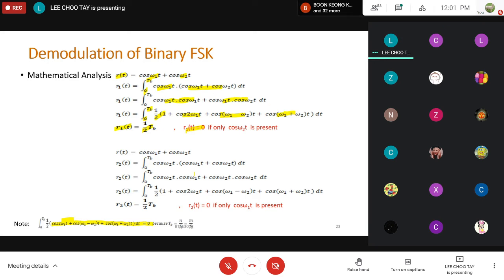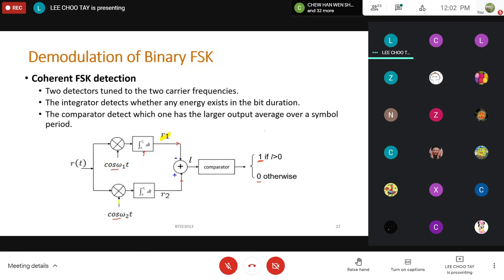And then the same goes for binary one. For binary one, which is the bottom part of this circuit here, we multiply with cos omega 2t.